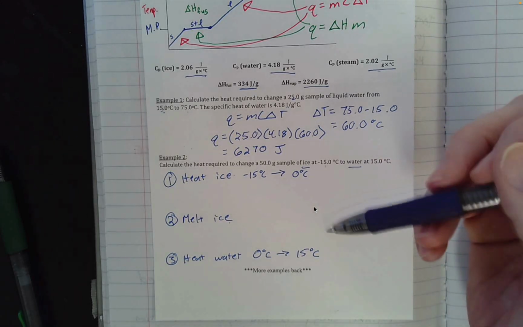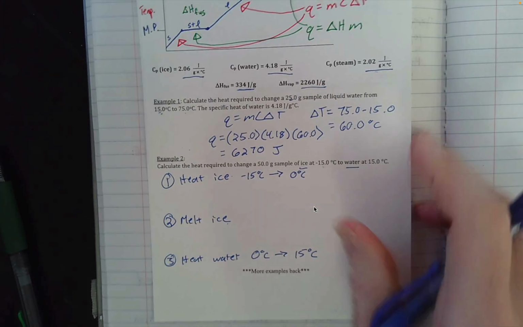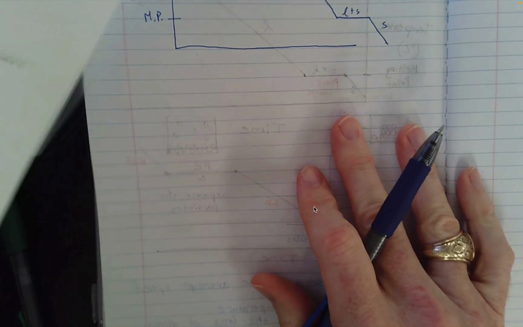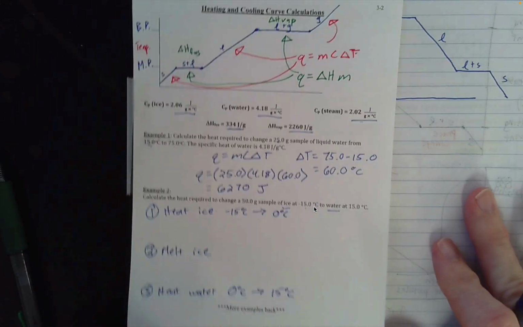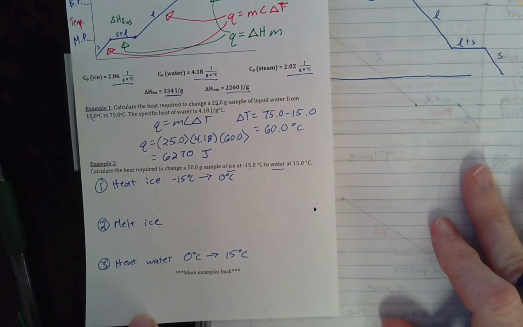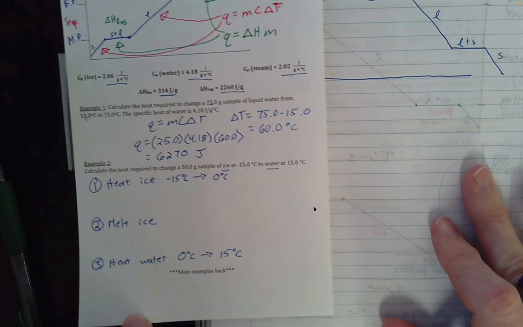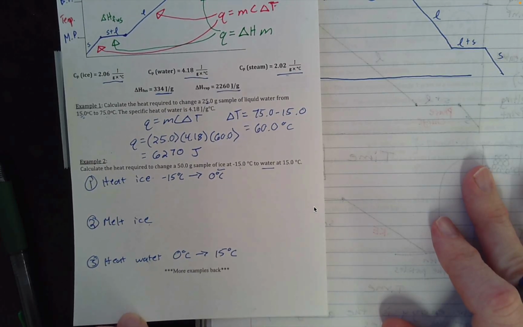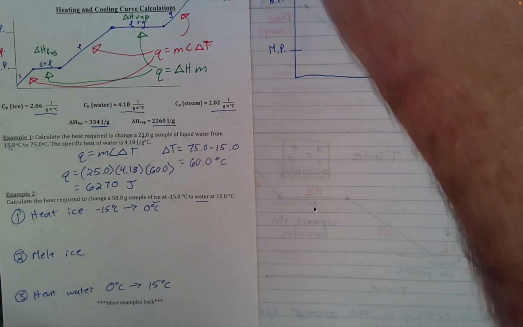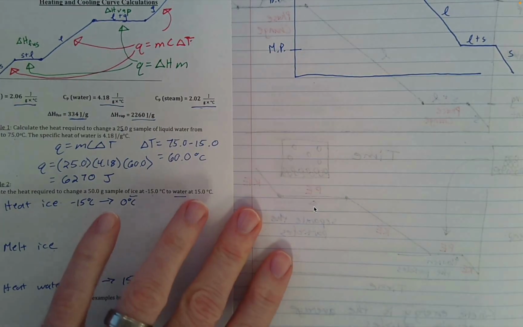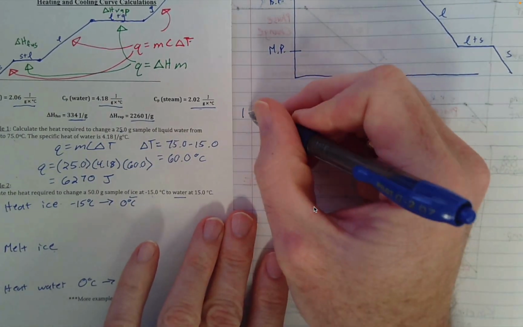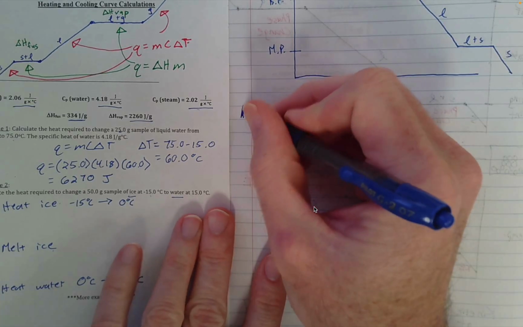Okay, so we have to do the calculation actually 3 times. So these can be a little long sometimes. All right, so number 1, we're going to heat the ice from negative 15 degrees Celsius to 0 degrees Celsius. So let's start there for example 2.